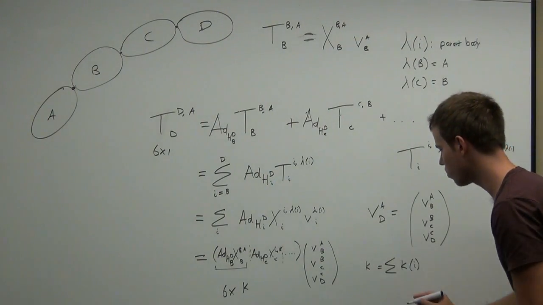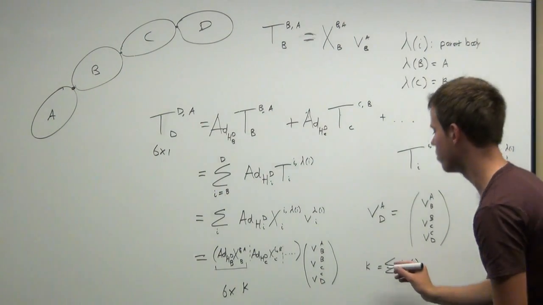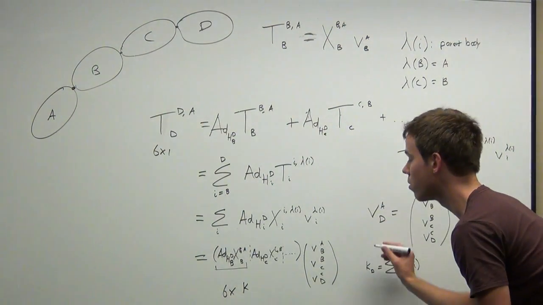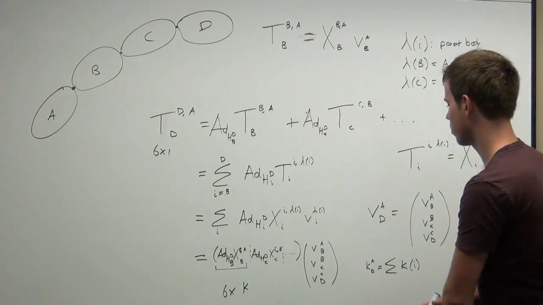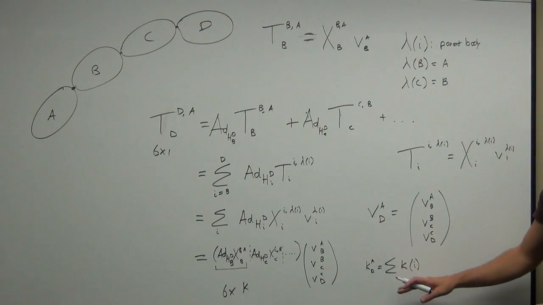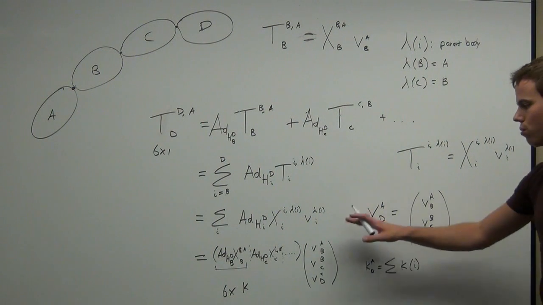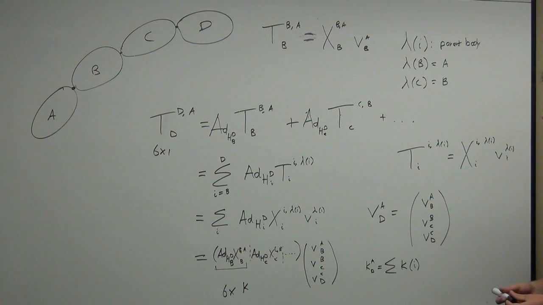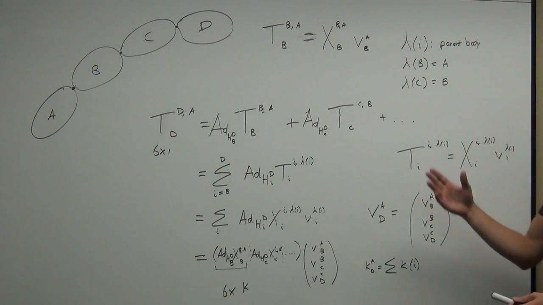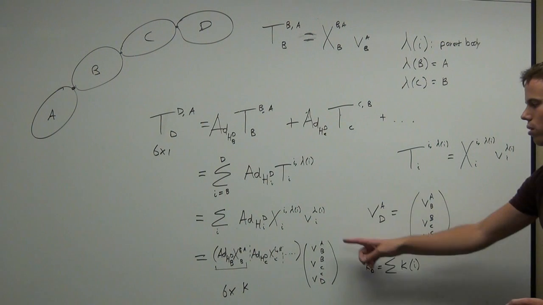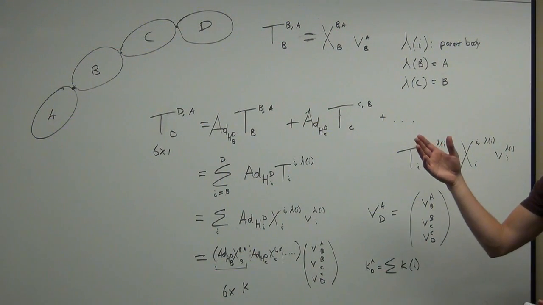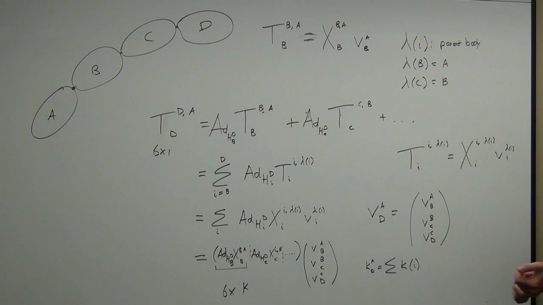Basically, it's just the sum of all of the velocity degrees of freedom of all of these joint velocity vectors. So if you have three revolute joints, then it's 3. If you have a 6 degree of freedom joint followed by 2 revolute joints, then it's 8, and so on.